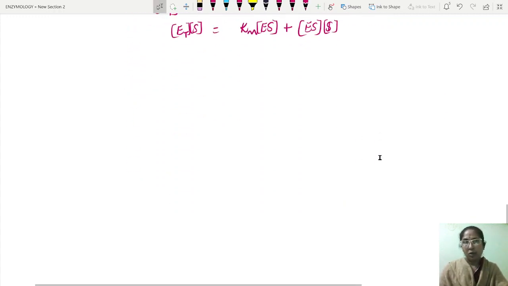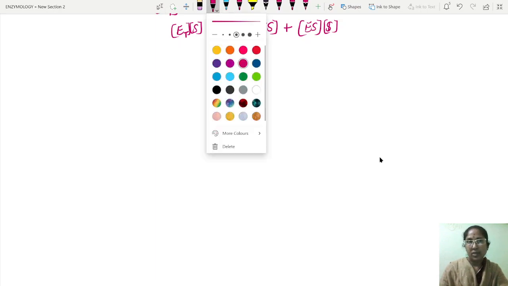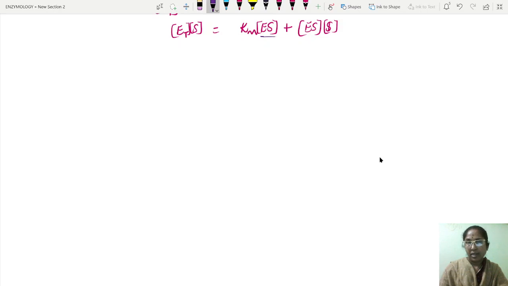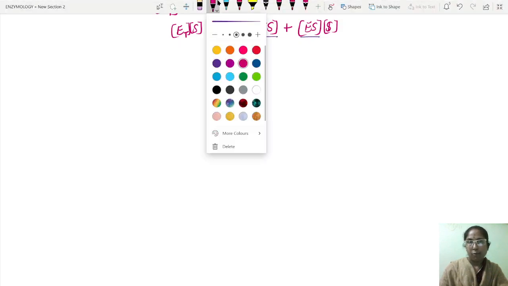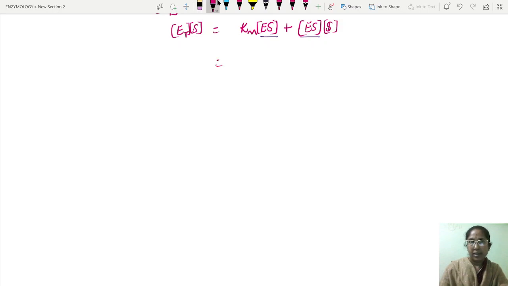Here we can take out ES as a common factor, and it will become ES into (Km plus S).